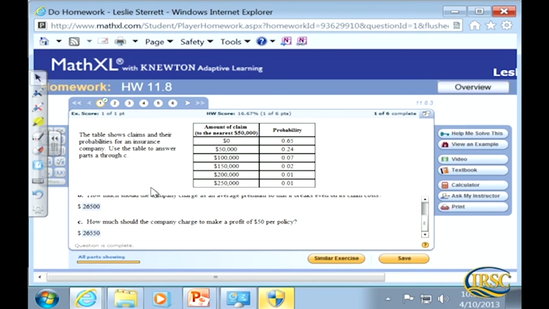Okay, nice work. So breaking even means that you need to bring in as much money as what the expected value cost would be. A profit means you have to bring that much more in above the expected value, and so on.